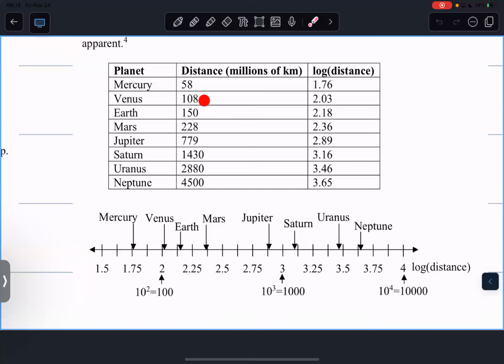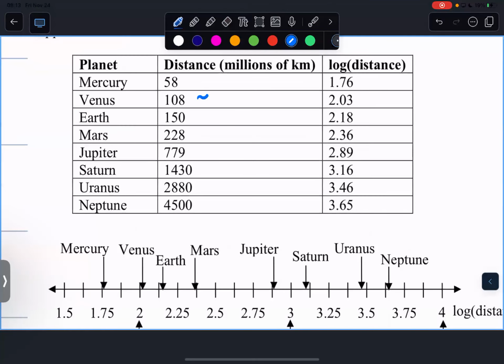Well, 108 is roughly 10 to the power of 2. I don't need to use red anymore, but I'll use approximately 10 to the power of 2, 100.